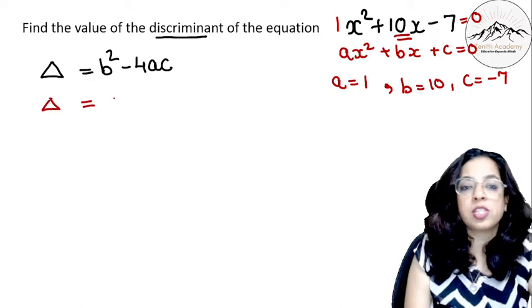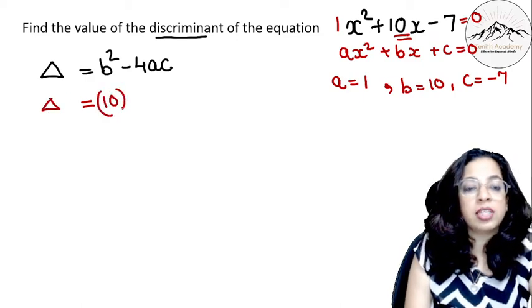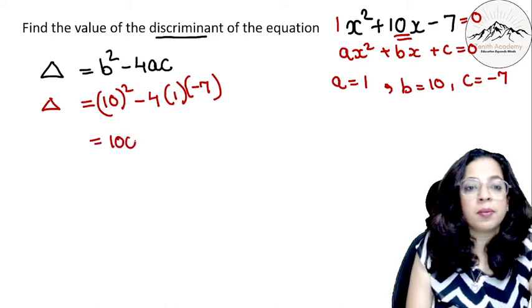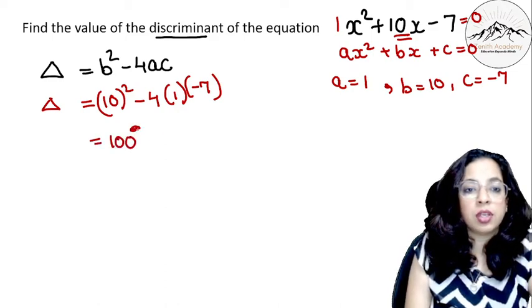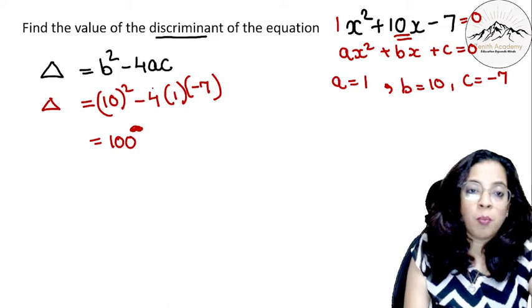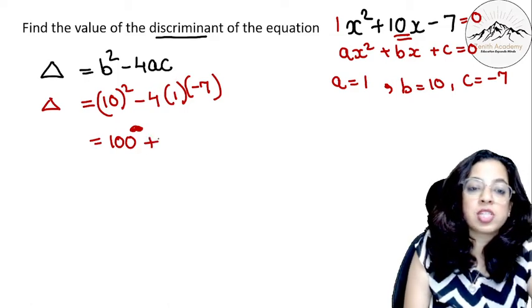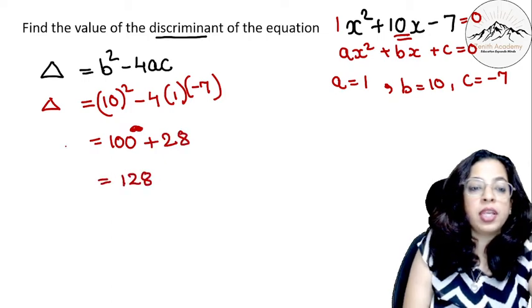Discriminant is equal to b square. B is 10. So 10 square minus 4 into a is 1 and c is minus 7. So you get 100. Now minus 4 into 1 is minus 4. Minus 4 into minus 7 is plus 28. So the discriminant is 128.